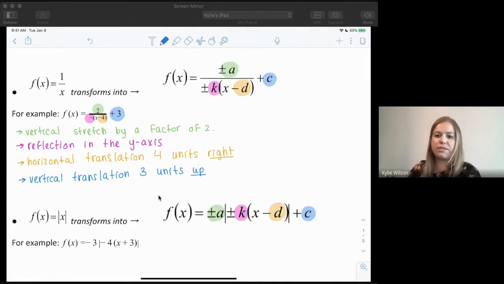Okay, Dimitri, feel free to turn off your mic, or you can just type your question in the chat, whatever you're more comfortable with. If the number is positive instead of negative, does it reflect on the x-axis instead or something else? So if my A is positive, nothing happens. My graph stays exactly where it is.